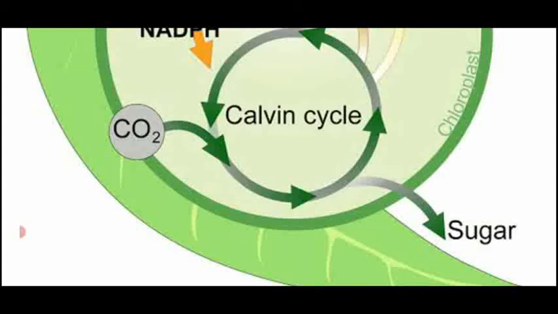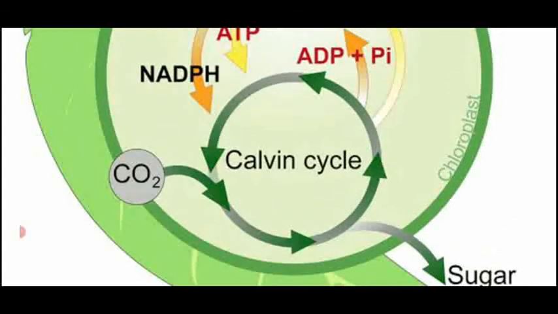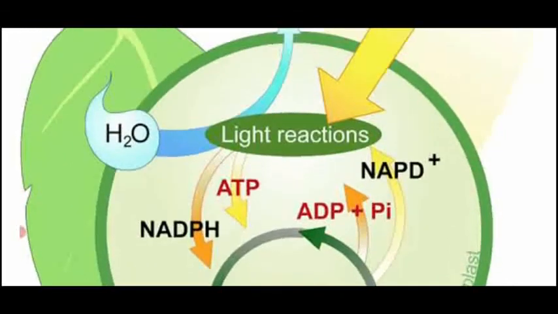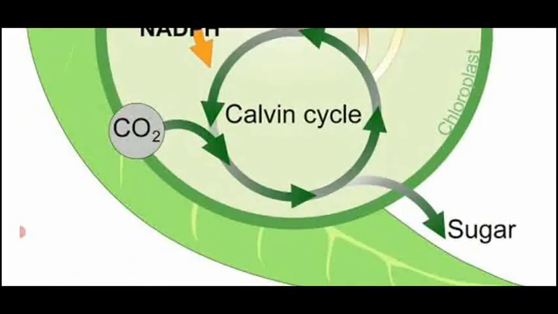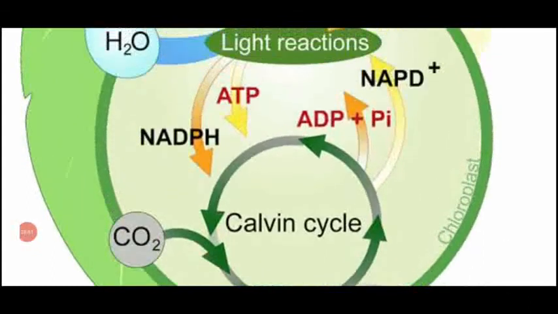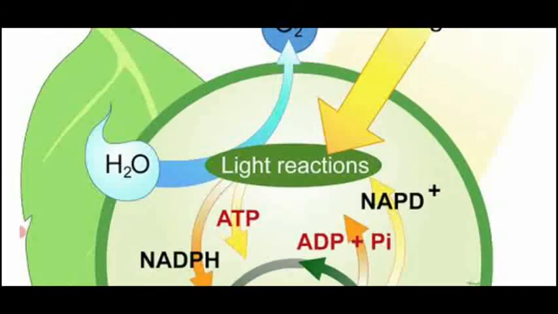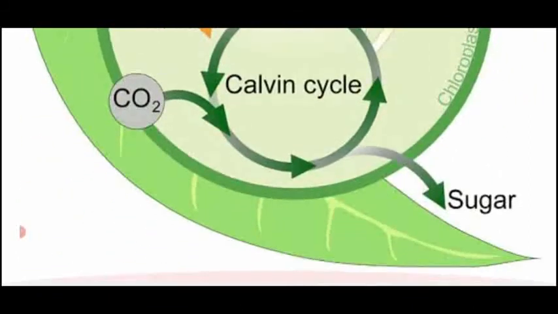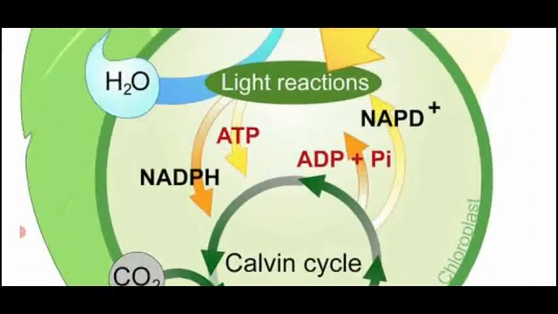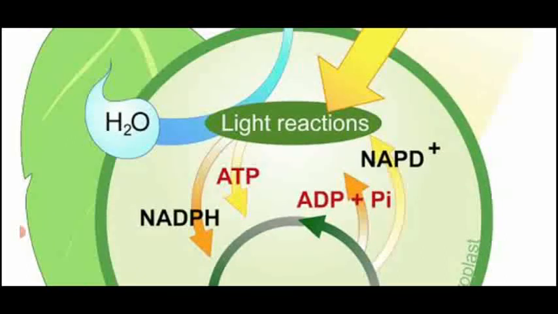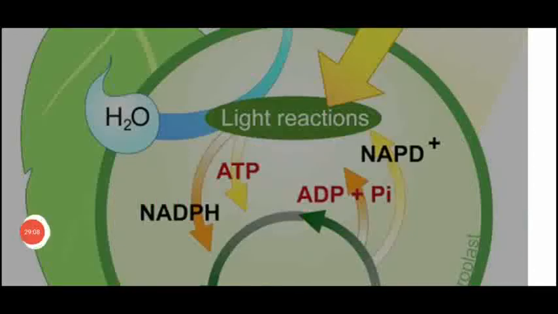The Calvin cycle takes place in the stroma region. The light reaction takes place in the thylakoid membrane. So this diagram shows the two reactions of the photosynthetic process.